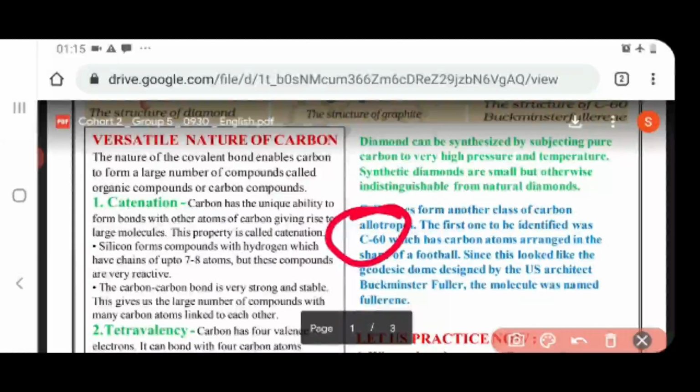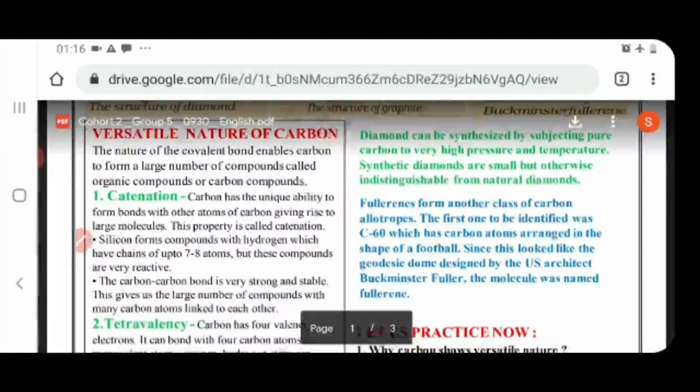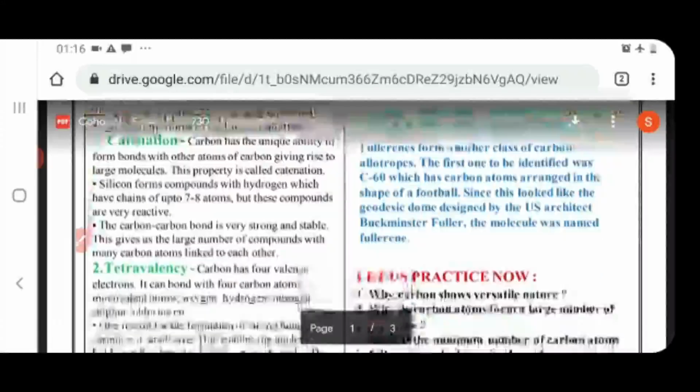Since this looked like the geodesic dome designed by the US architect Buckminster Fuller, the molecule was named fullerene.